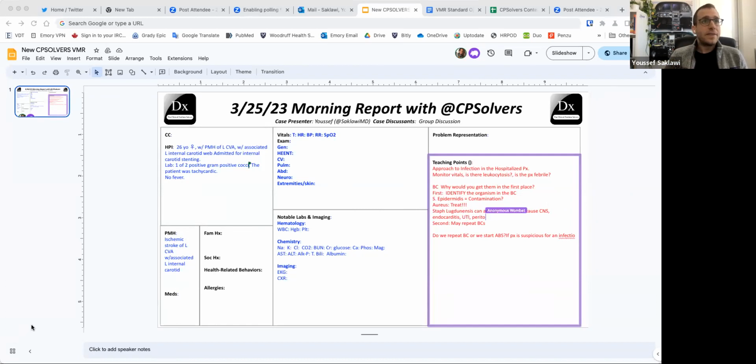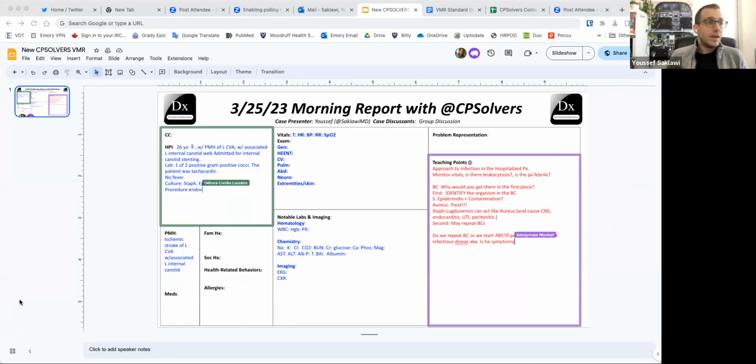So in this case, we did not treat, it was Staph epidermidis, and the patient actually underwent stenting. So the procedurist team went through endovascularly, through femoral access, went up and actually placed a stent in the carotid artery.